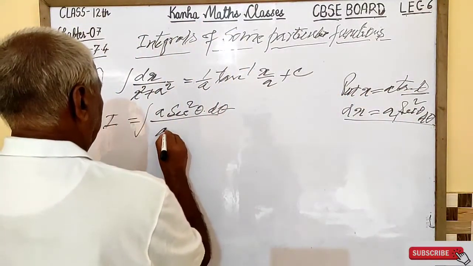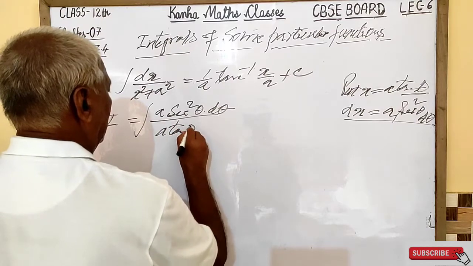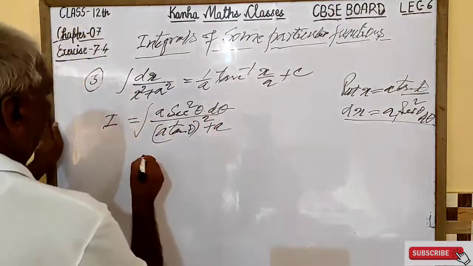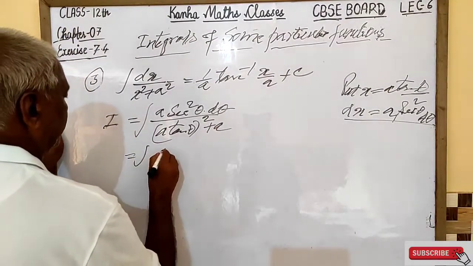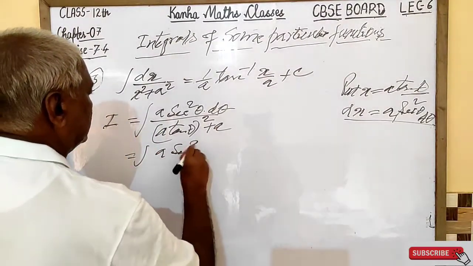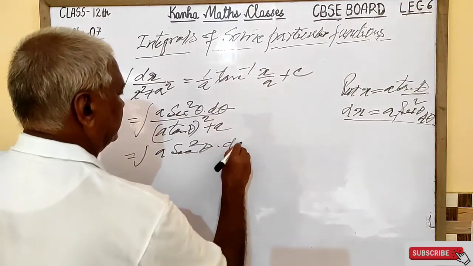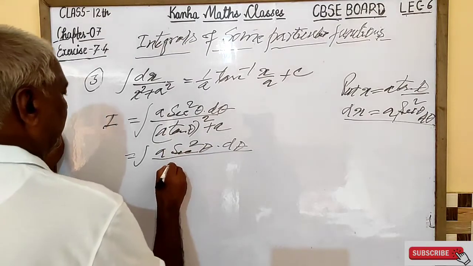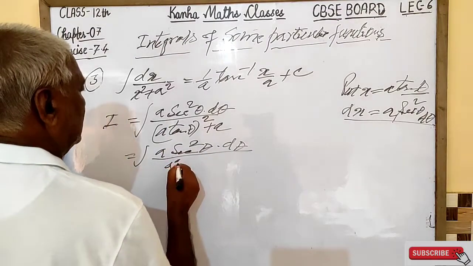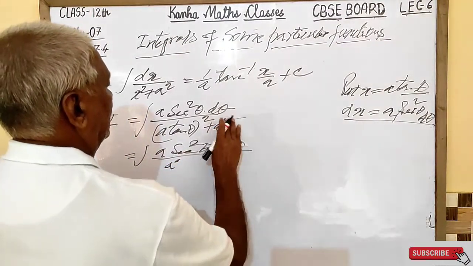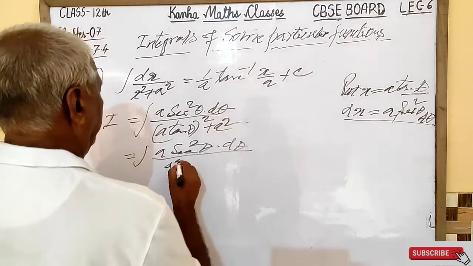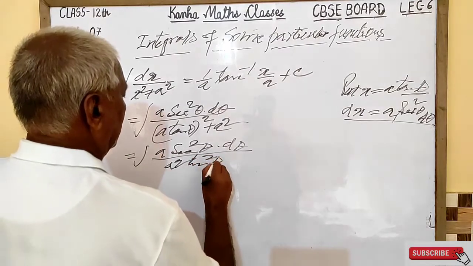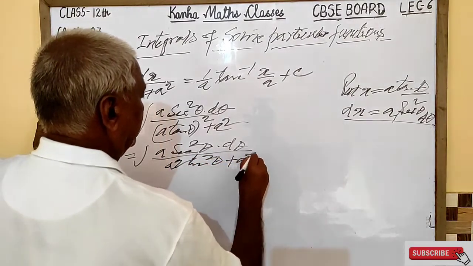This will become a tan theta square plus a square. Now this will become a sec square theta d theta, and square of a tan theta means a square tan square theta plus a square.